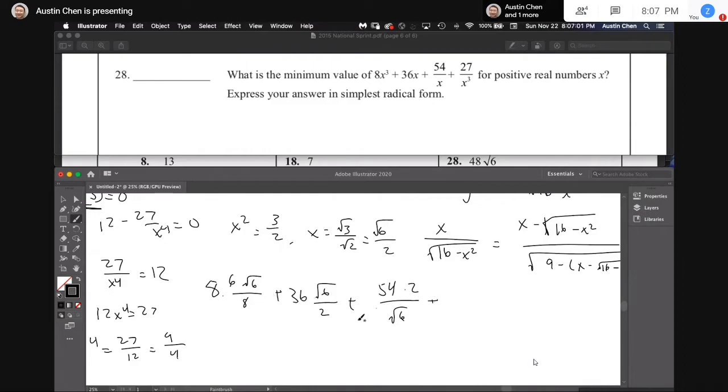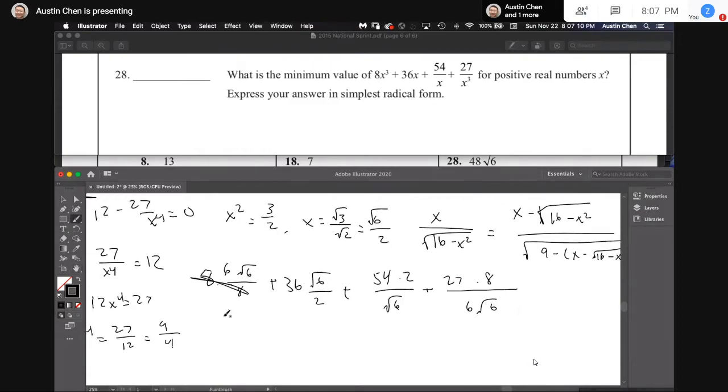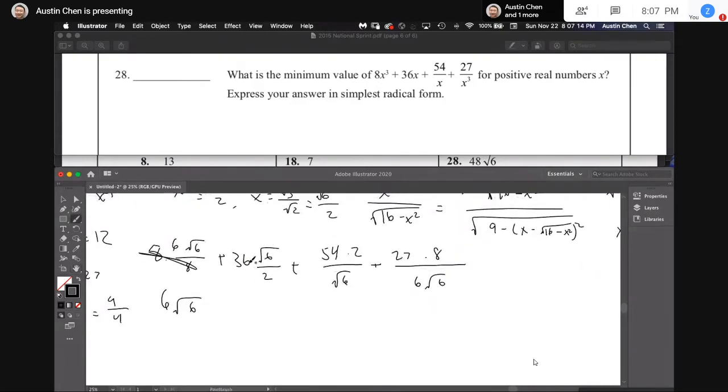And this will just be the flip of that, like this. Right, and then these 8's cancel. This will be 18. We can rationalize this, so we multiply top and bottom by root 6, so then we get that. Cancel these, so then we get 18 plus 18 root 6.